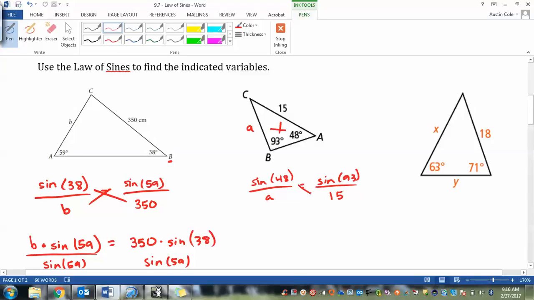So when I cross multiply, I'm going to say A times the sine of 93 equals 15 times the sine of 48. To solve for A, I'm going to divide both sides by the sine of 93.